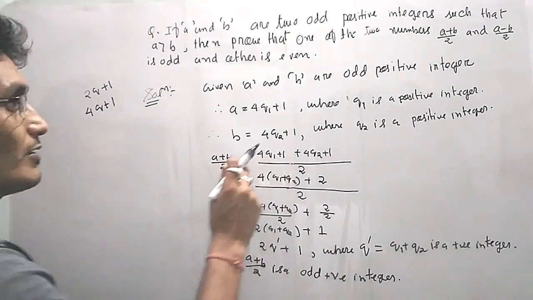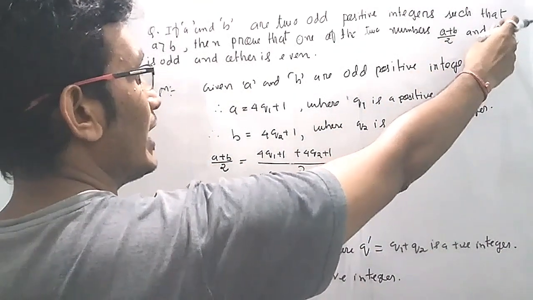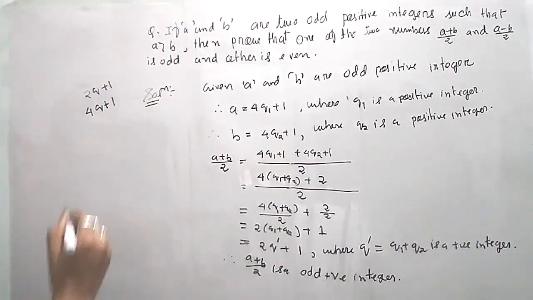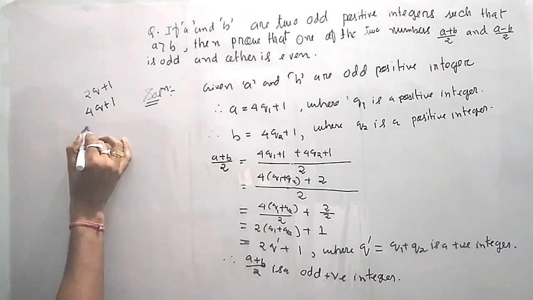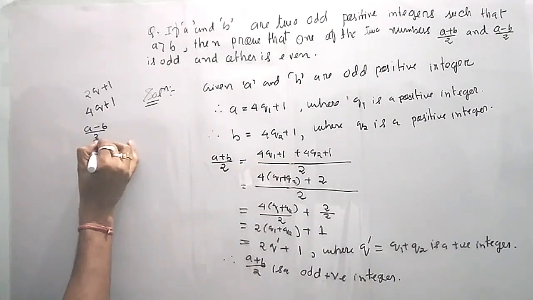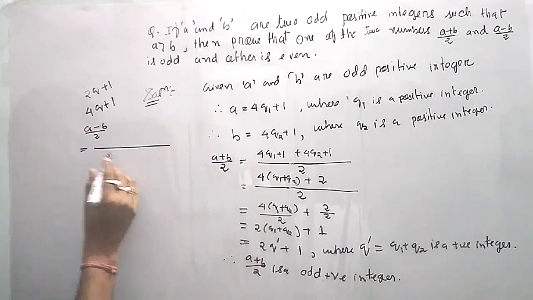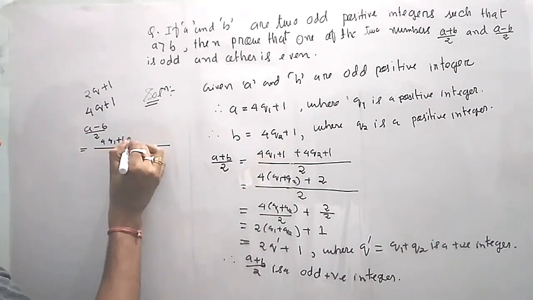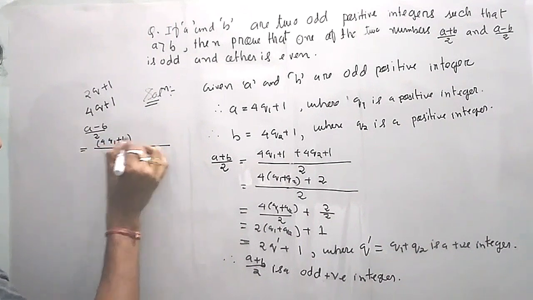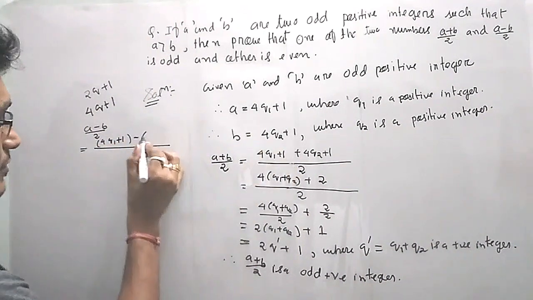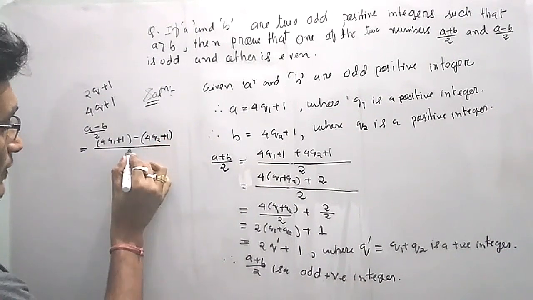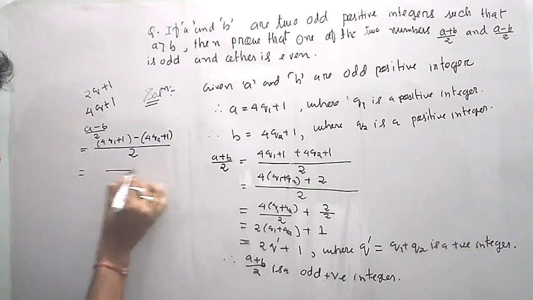So similarly, we should find the value of (a minus b)/2. Exactly the same process. a is 4q1 plus 1, minus b, which is 4q2 plus 1, divided by 2.